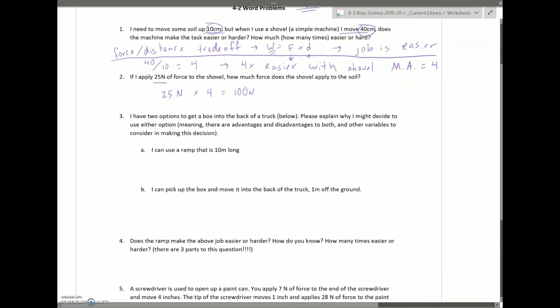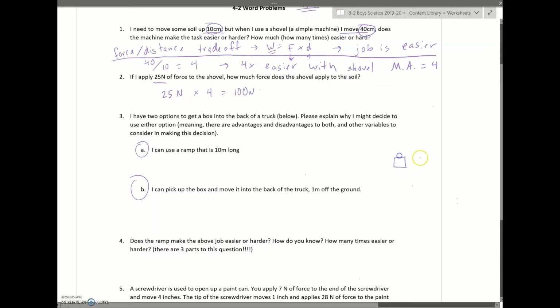Number 3. I have 2 options to get a box into the back of a truck. Here are the 2 options. Please explain why I might decide to use either option, meaning there are advantages and disadvantages to both, and other variables to consider.